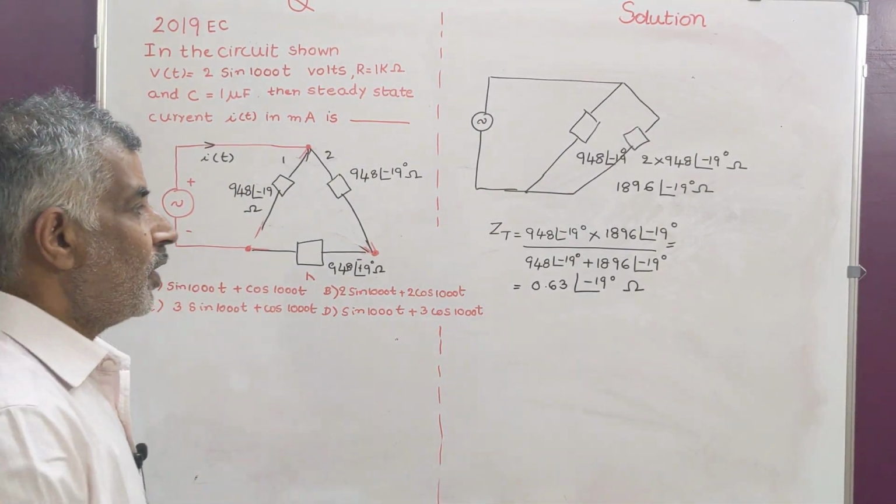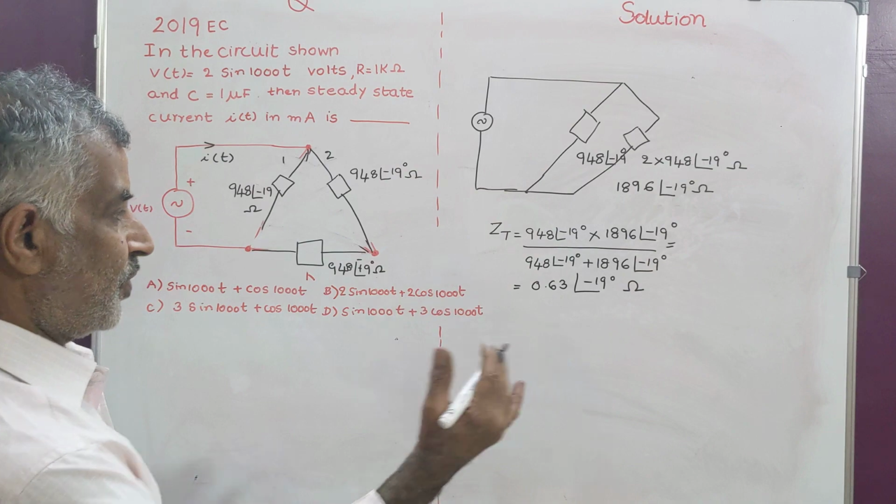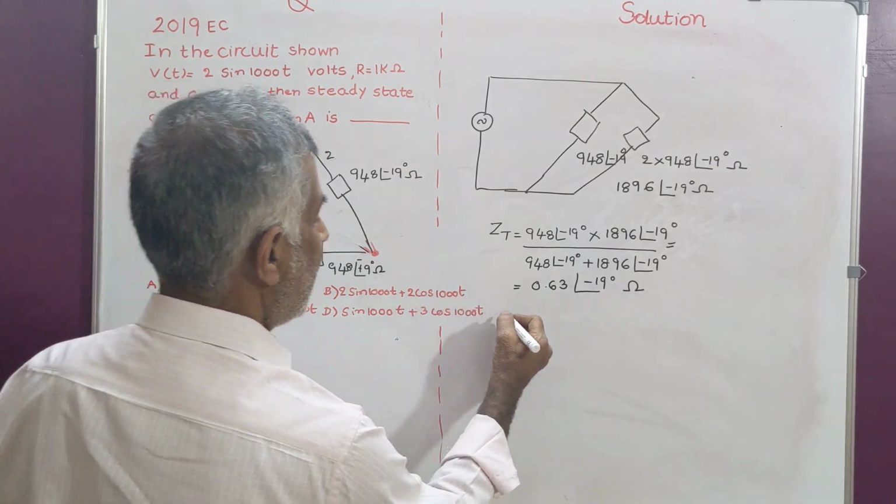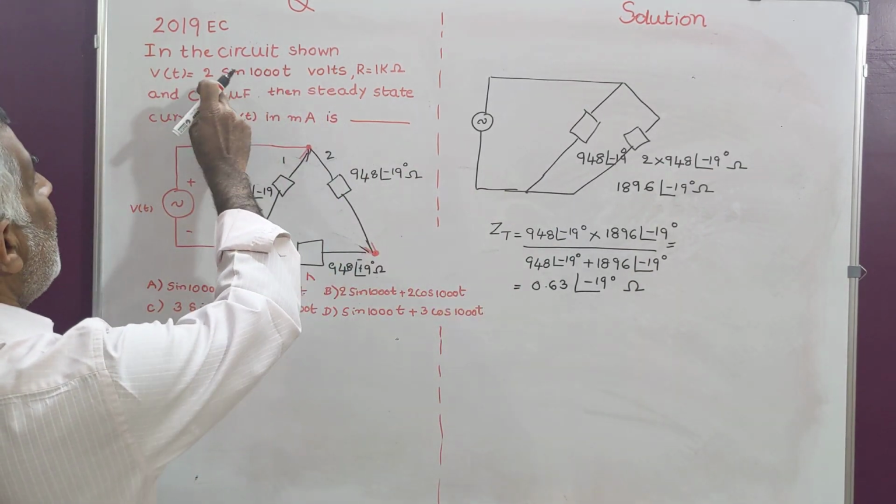Now the current in milliamps equals the voltage divided by impedance.